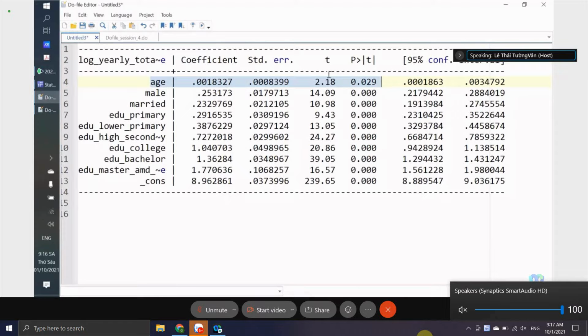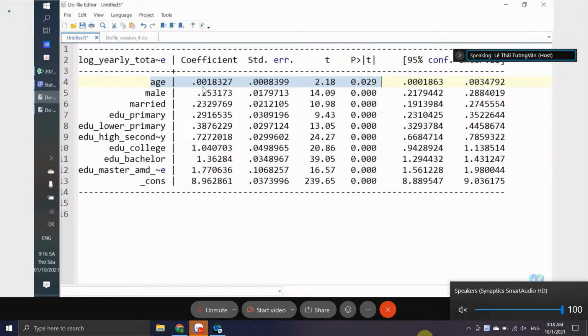Significant coefficient on age. I will explain how to interpret the relationship between log and level variables very soon. The interpretation is that every year you get older, you get about 0.18% higher wages and salary.